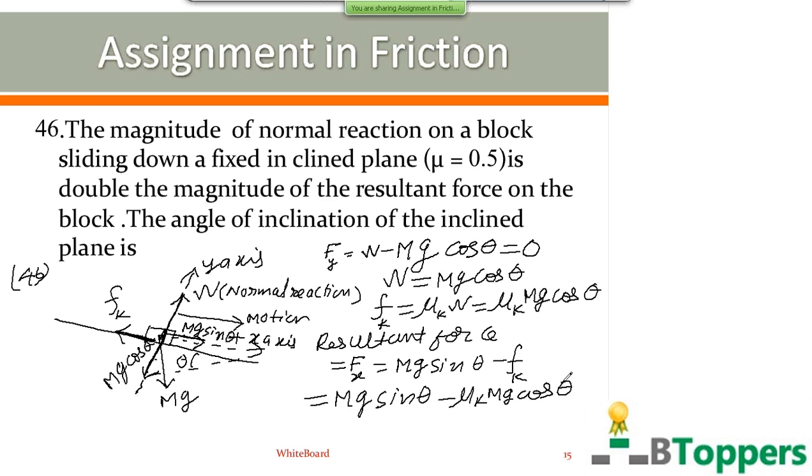Next it is given that the magnitude of the normal reaction force on the block by the inclined plane is double the magnitude of the resultant force on the block.